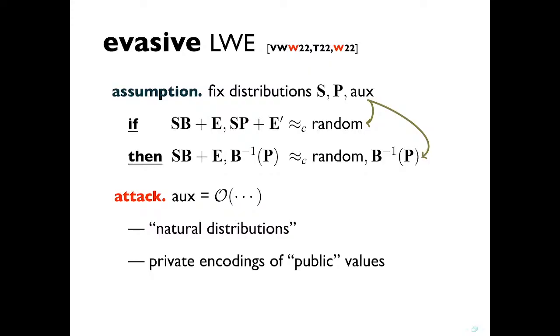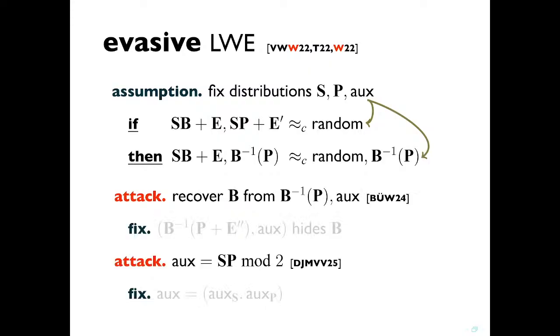Right. So that solves the problem, except more recently we have two very natural attacks, just algebra, that break the assumption. The first one basically uses the fact that given B inverse of P, and if you carefully choose your auxiliary input, you can recover B. This is the work of Brzuska et al.